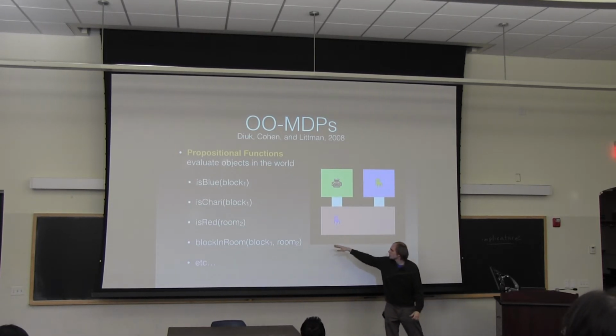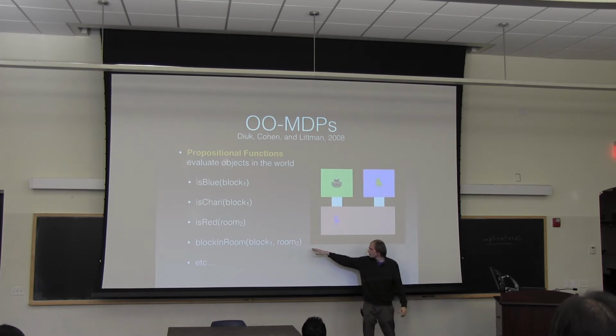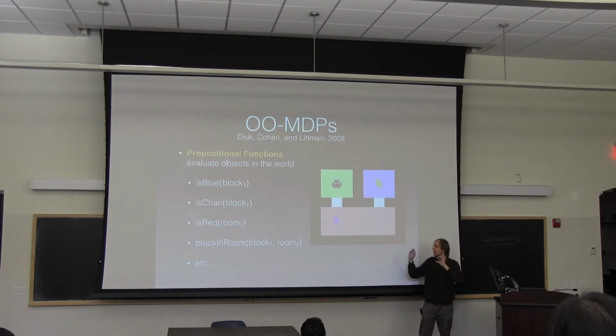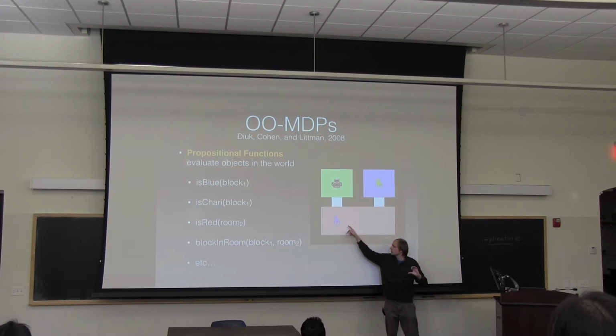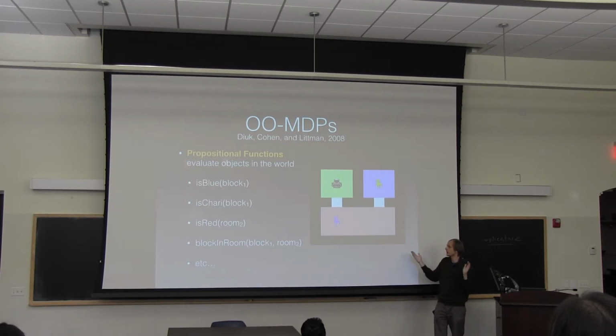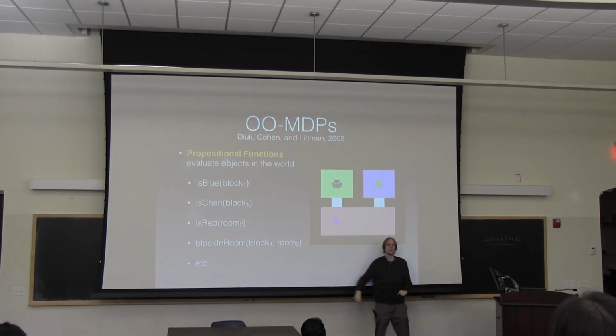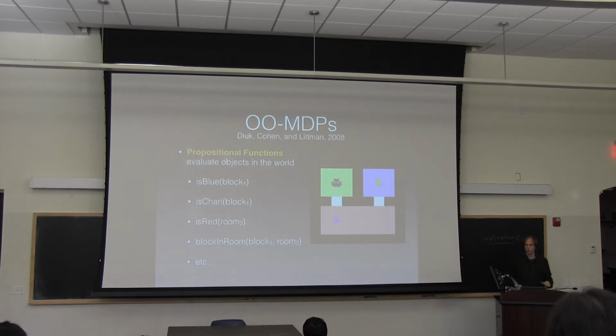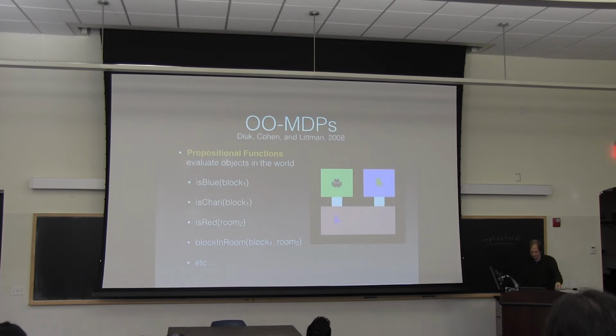We can also do colors for rooms. We can also do relationship things. I can evaluate whether block 1 is in room 2 by looking at the values of these two objects. I can look at the location of block 1, and I can look at the spatial definition of room 2 and determine that it is in there. So now we have a bunch of high-level functions we can use for doing various things.